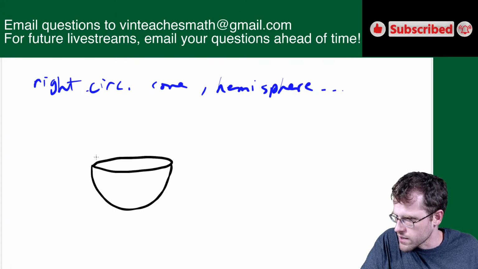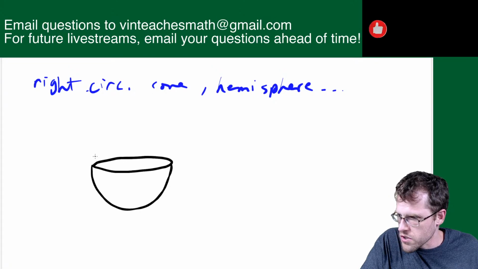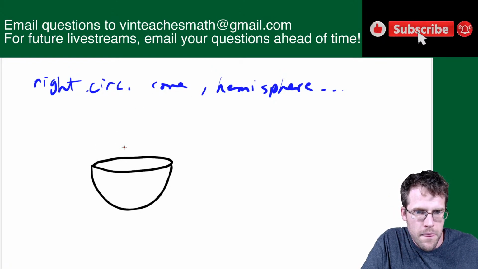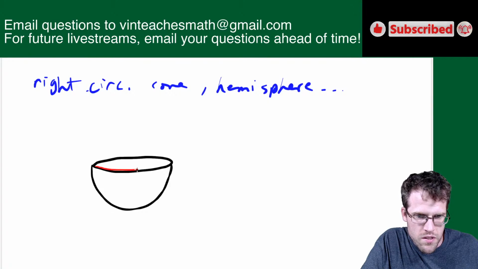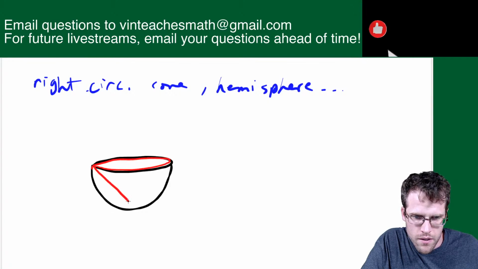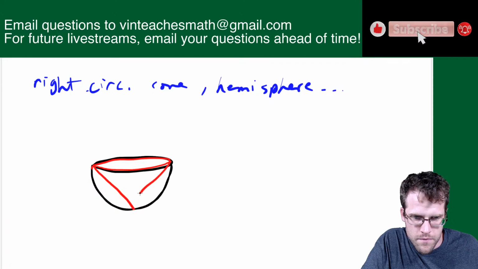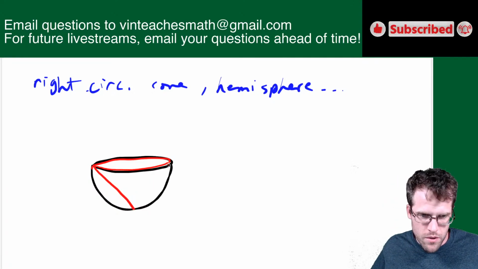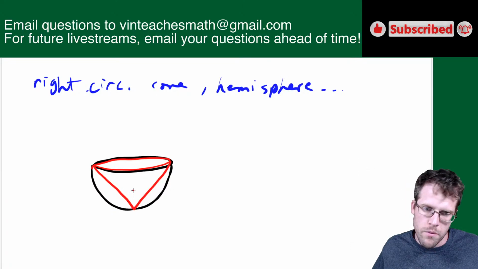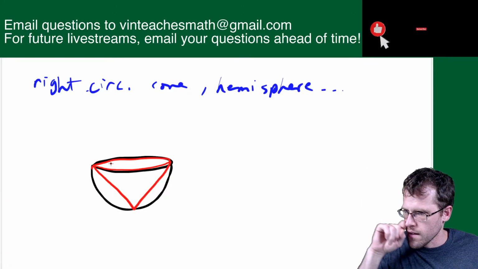And what they're telling us is the cone is inscribed in the hemisphere. So that means the cone itself is going in like this. That was not my best artwork. All right, a little bit better. So hopefully you can imagine that.